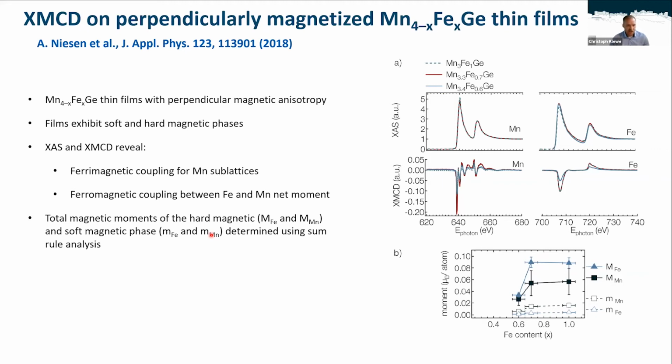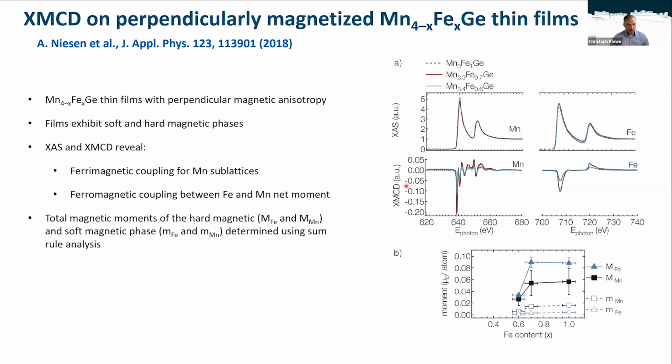By using X-ray absorption spectroscopy and XMCD, we were able to show that the manganese sublattices exhibit a ferrimagnetic coupling, which can be seen here by this up-down structure in the XMCD effect at the L3 edge. And at the same time, we see that the manganese and the iron sublattice are coupled ferromagnetically to each other.